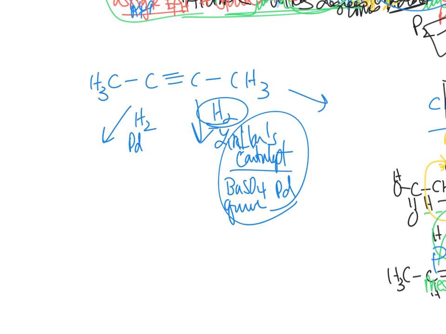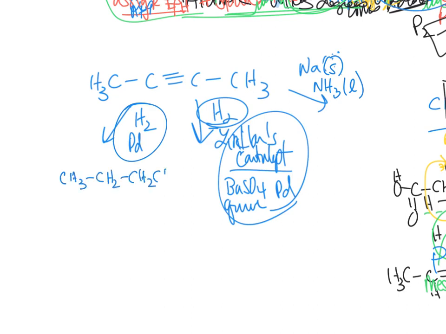Okay, and then the other third one is sodium metal and liquid ammonia, okay, which I told you a long time ago that is not sodium amide. Those are different. Okay, so what happens here is the first one, you're just going to get hydrogen added, and that's going to make butane. The next one, you're going to get cis.